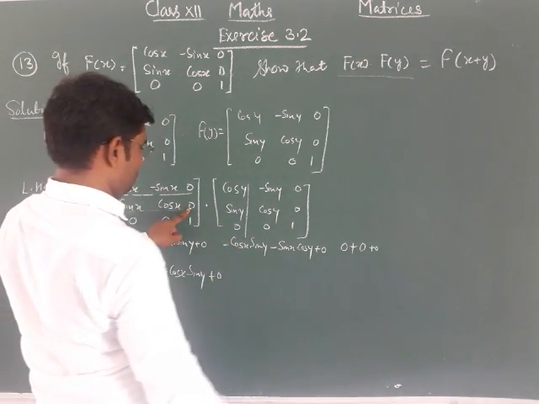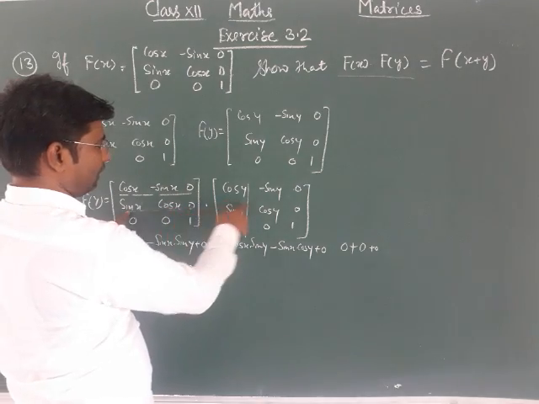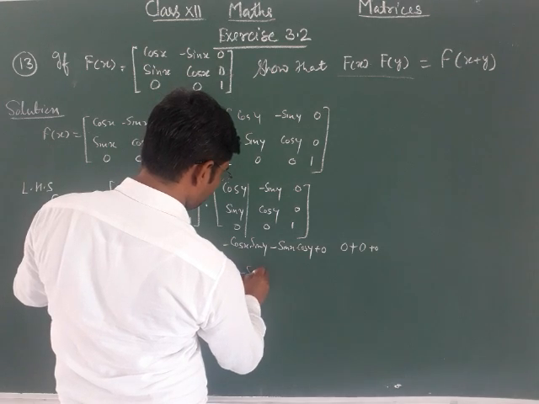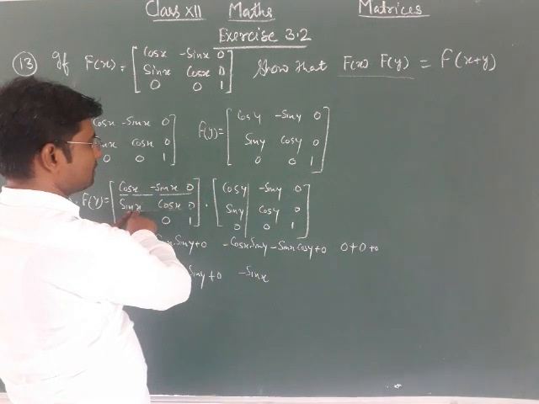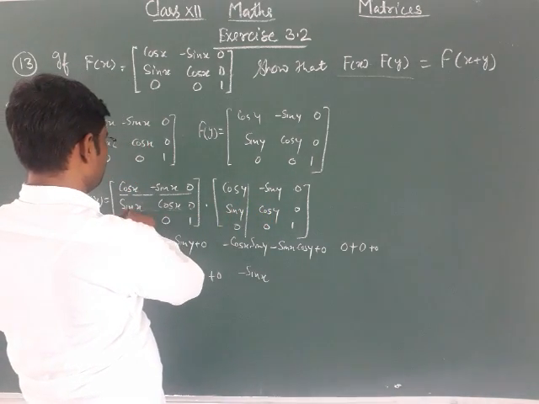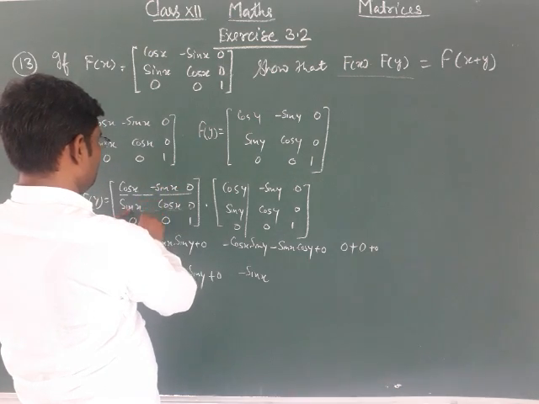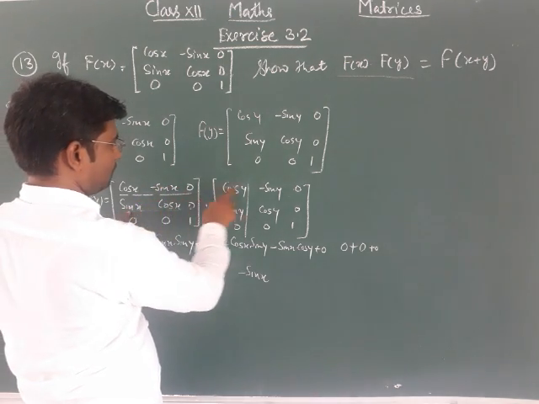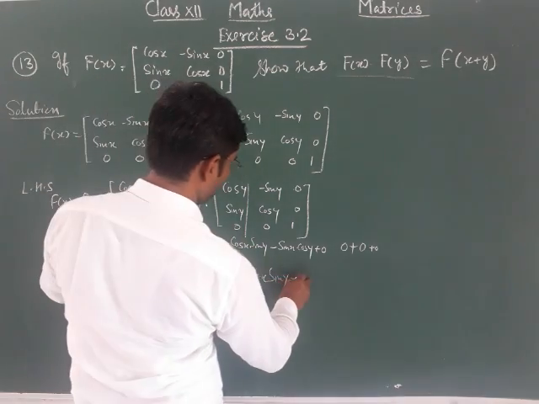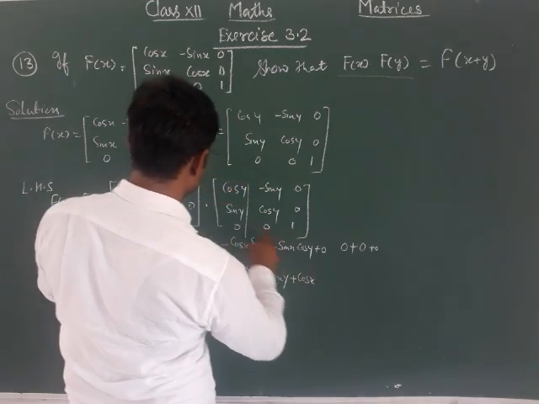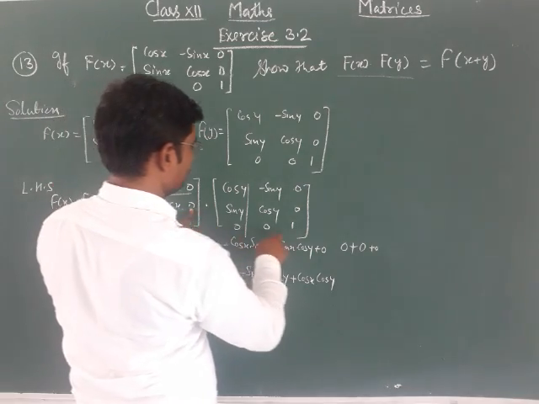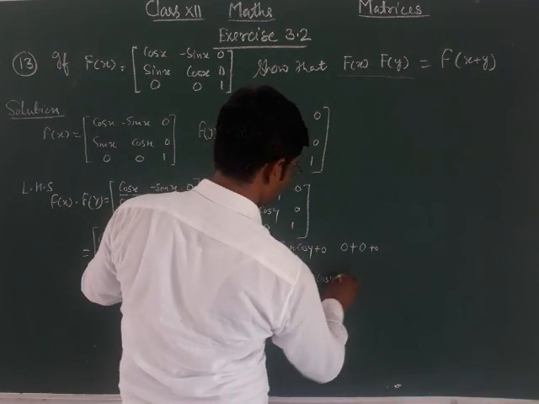And also taking the second row and second column, we get minus sin x sin y plus cos x cos y, and 0 into 0, this is 0.